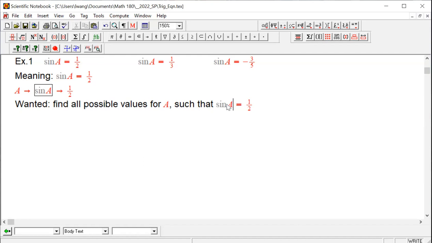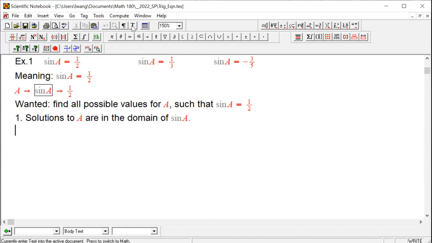We're going to find all possible values for A. And of course, we know that the answers are going to be in the domain of sine. So we need to recognize number one, all the solutions to A are in the domain of sine function.